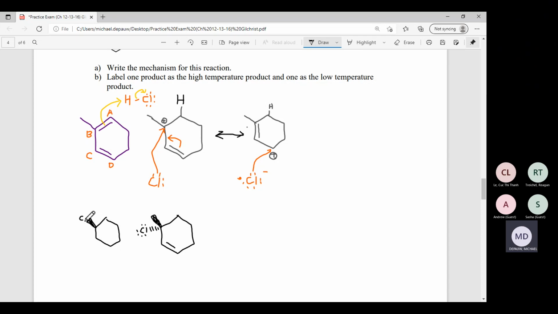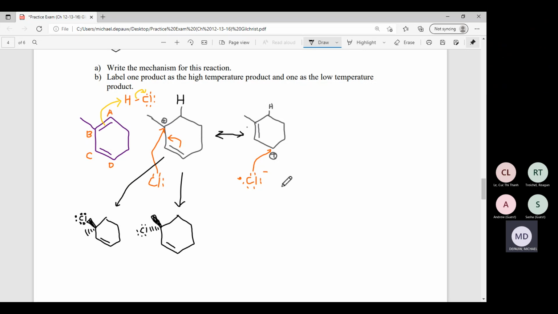You can either attack from top or bottom, in which case it's going to give you 2 different isomers, 1S, 1R. The double bond is still here. Those are the 2 you get from this one.